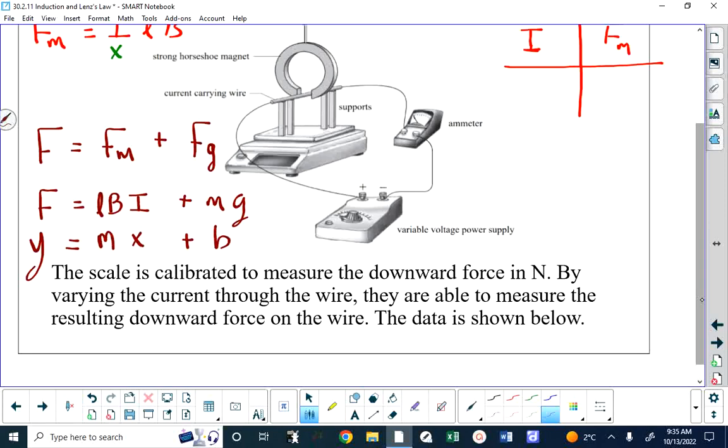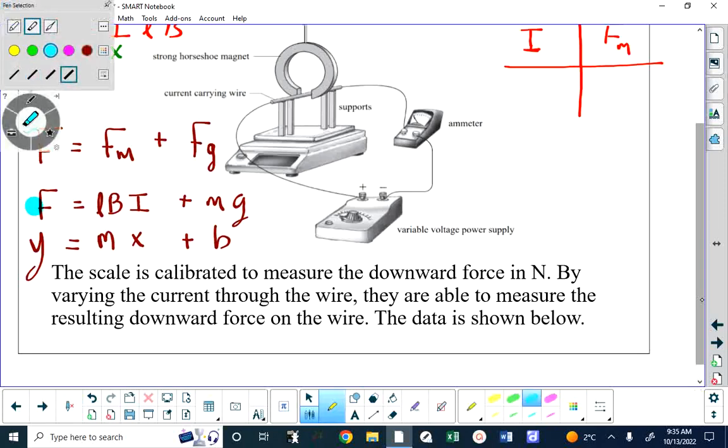Since I've plotted force on the vertical axis and current on the horizontal axis, what that tells me is that LB is my slope. So just think about that for a second.